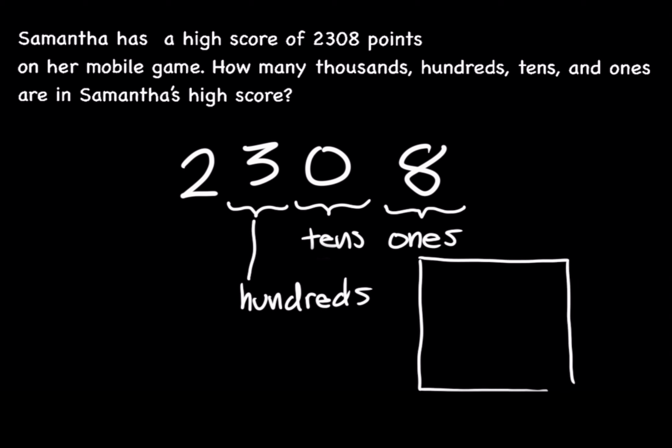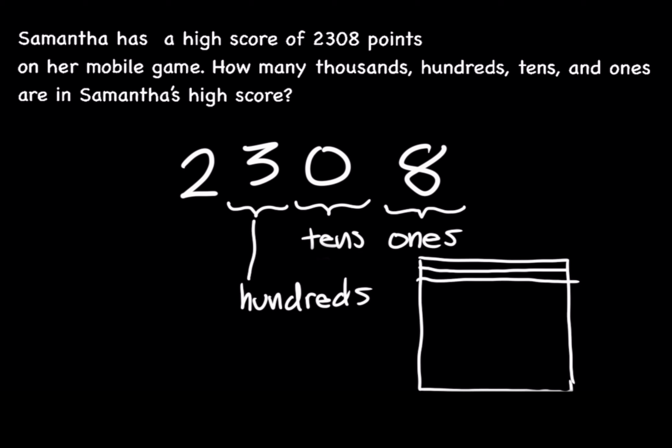So the ones place would be only 1 square, right? Like that. The tens place would be an entire segment of these ones, so 10 in total. 1, 2, 3, 4, 5, 6, 7, 8, 9, 10. And the hundreds would be 100 squares.